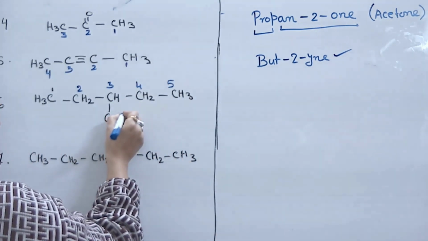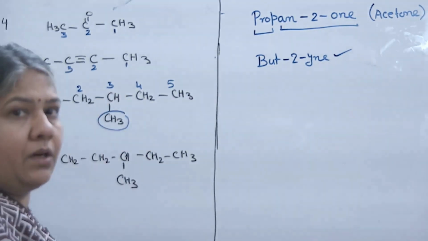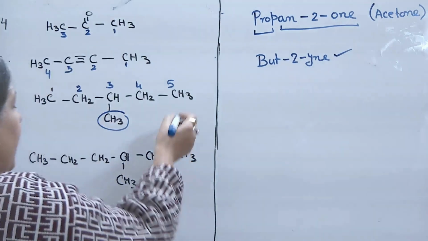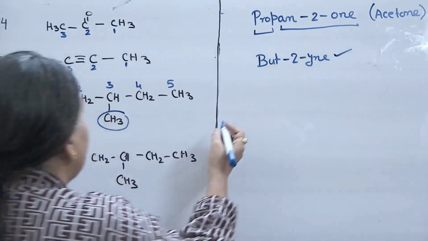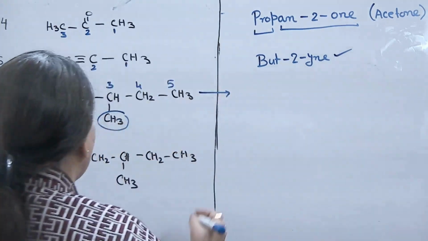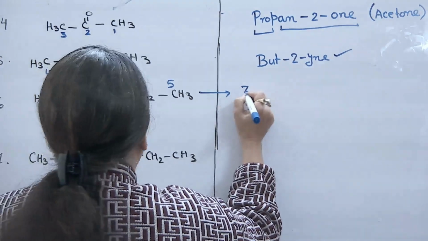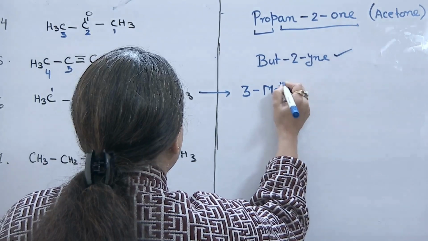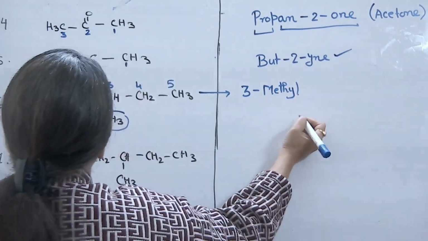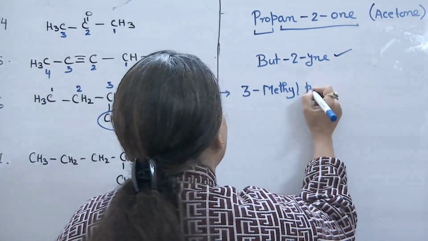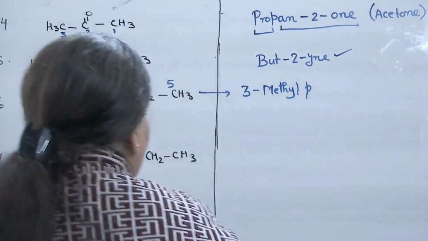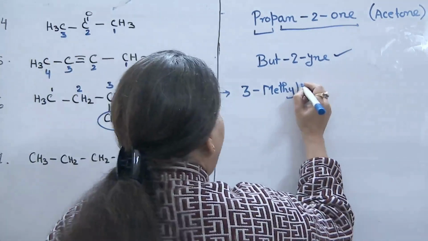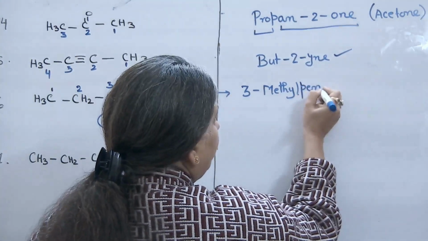And the methyl group is attached at carbon number 3. So it will come in the prefix because it is a substituent, not part of the main chain. So the name will be 3-methylpentane.